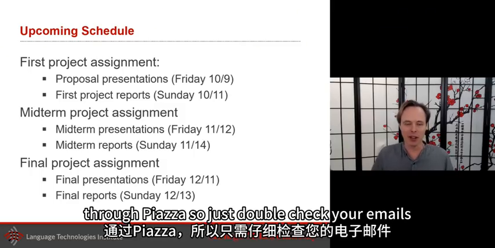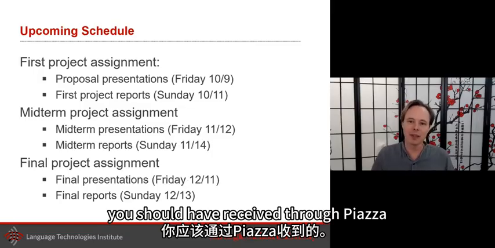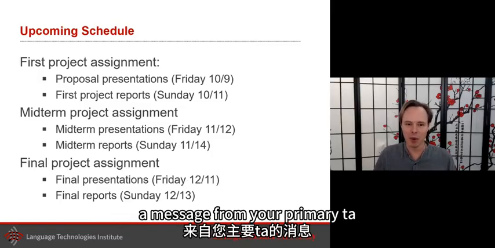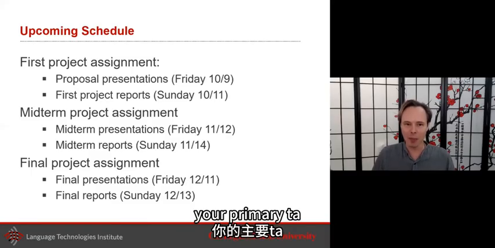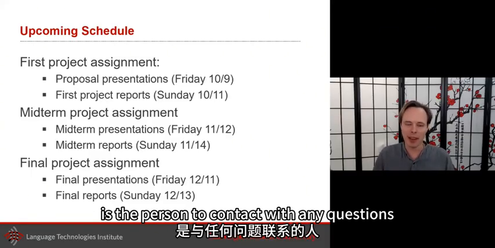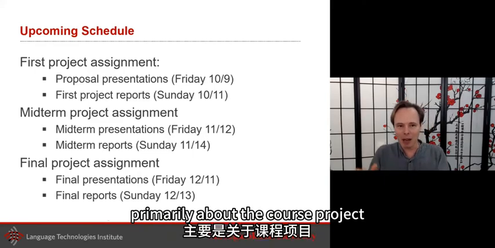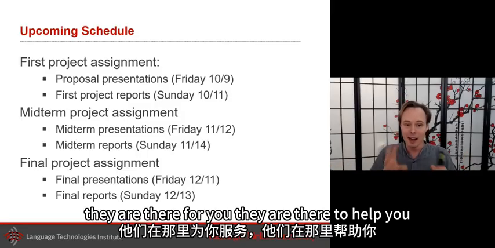So just double check your emails. You should have received through Piazza a message from your primary TA. Your primary TA is the person to contact with any questions, primarily about the course project, but also anything else. They are there for you. They are there to help you.